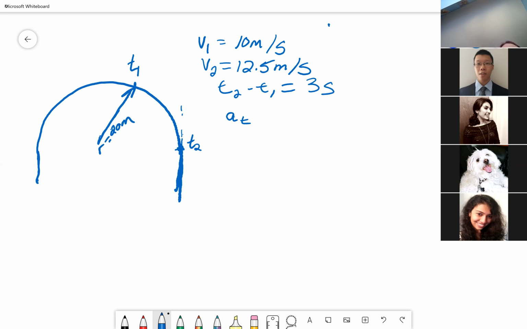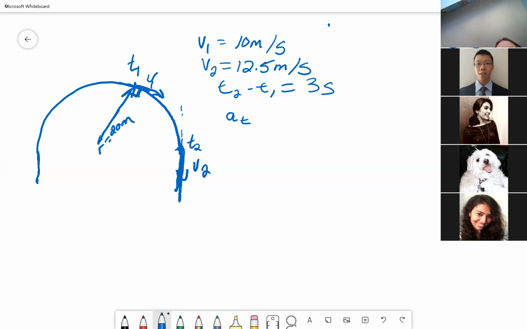Because your velocity at any instant in time is always going to be tangential to the point. So that's V1, tangential to the point. And what does tangent mean? Well, if you draw your radius and you draw your velocity, this is actually a 90-degree angle. It's the instantaneous slope of the curve. And this is going to be velocity 2.